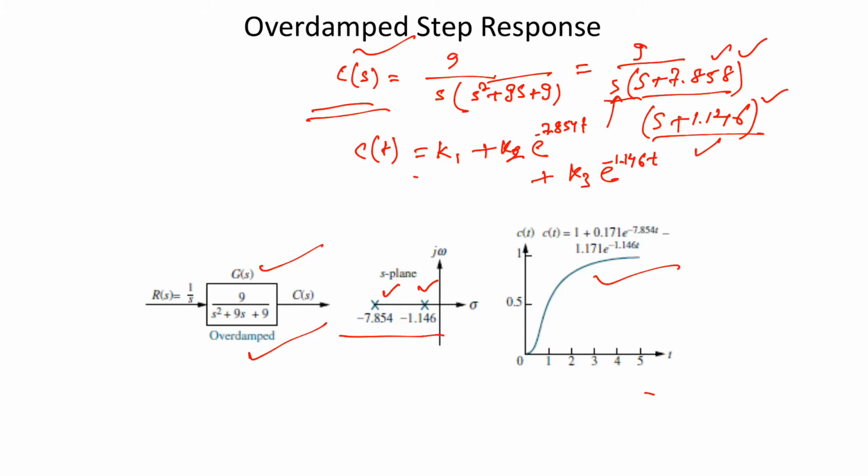Now for an overdamped response, if we have two real poles at minus sigma 1 and minus sigma 2, then the natural response has two exponentials with time constants equal to the reciprocal of the pole locations, and the response is given by k1 e to the minus sigma 1 t plus k2 into e to the minus sigma 2 t.